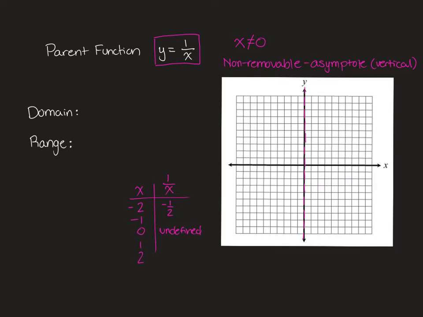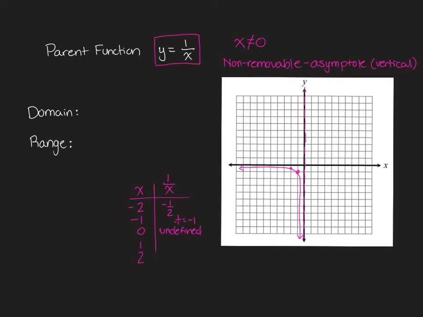So over here on my graph at -2, I'm at -1/2. If I plug in -1, I get 1 over -1, which is -1. Okay, so I'm right there. 0, I'm undefined. Okay, so what the left-hand part of this graph is going to look like is something like that.